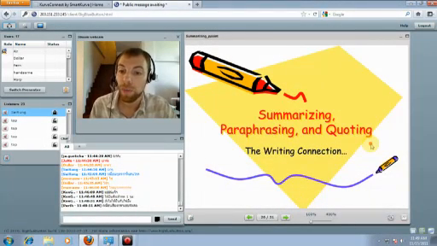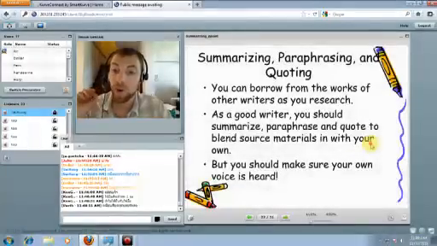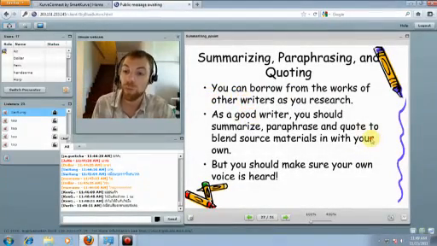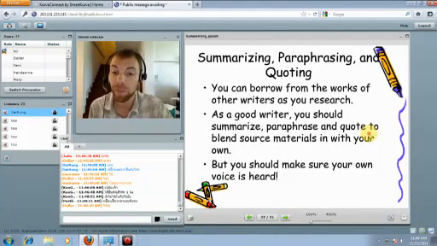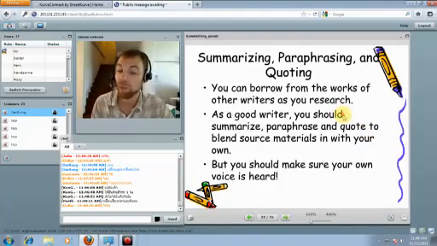And last, we learn about paraphrasing and quoting when summarizing. So quoting is to use someone else's ideas and tell them where you get them from to help make your idea stronger, as a good example.